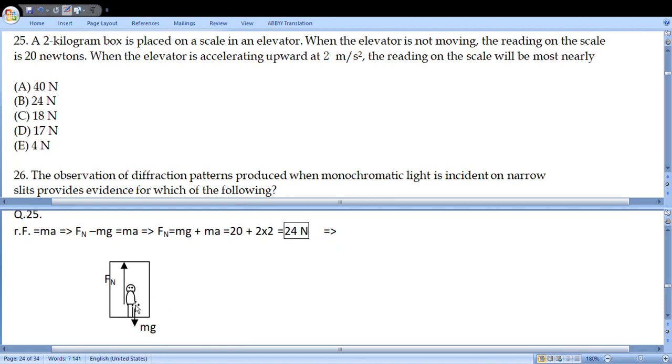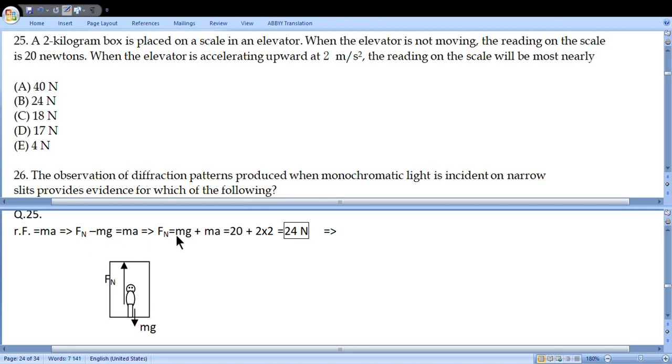Here I have drawn a picture. So we have second Newton's law, resultant force equals ma. Because it accelerates upwards, tension or reaction of support, normal reaction will be greater than mg. So normal reaction minus mg equals ma.